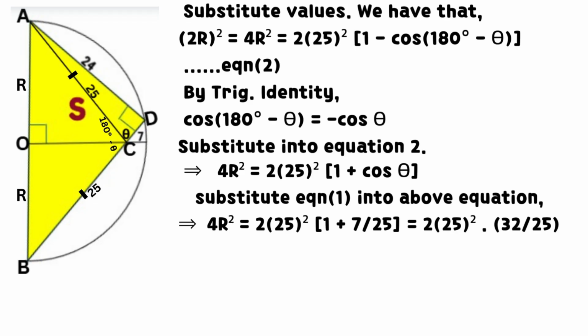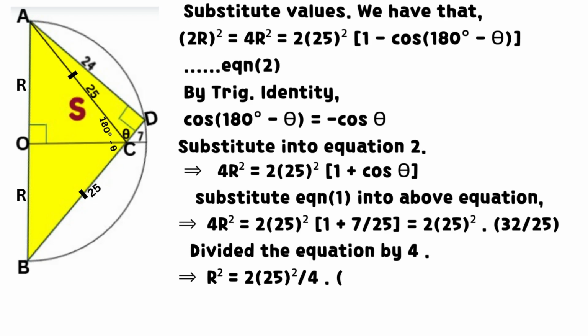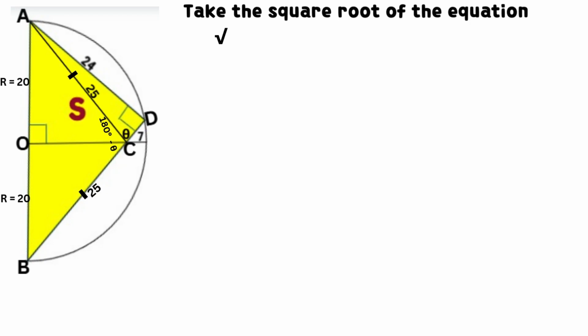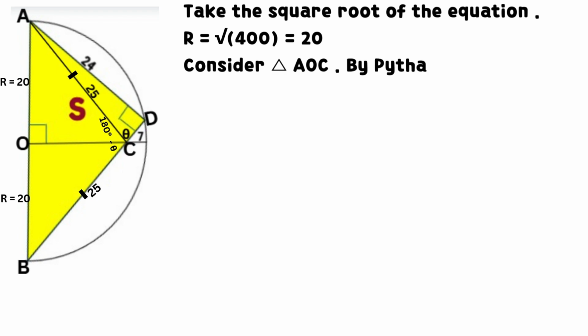Substitute equation 1 into the above equation and divide the equation by 4. It implies that the square of r equals 400, after simplification of substituted values. Take the square root of the equation. r equals the square root of 400, which equals 20.